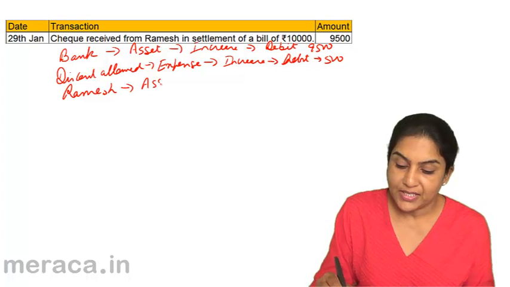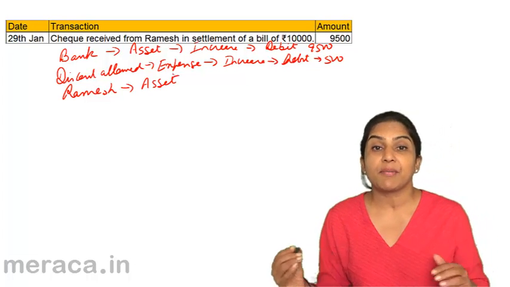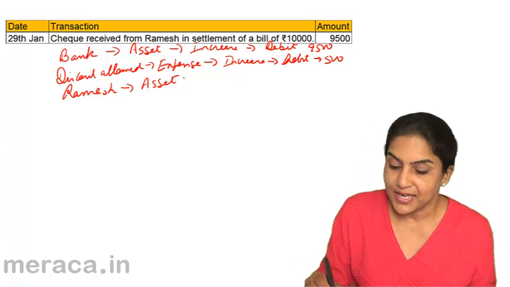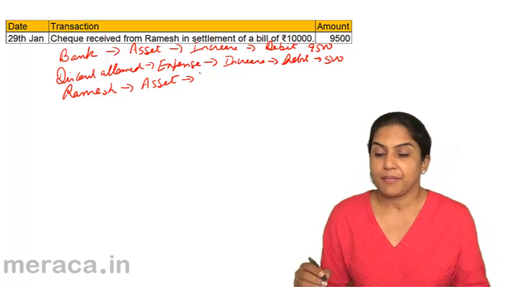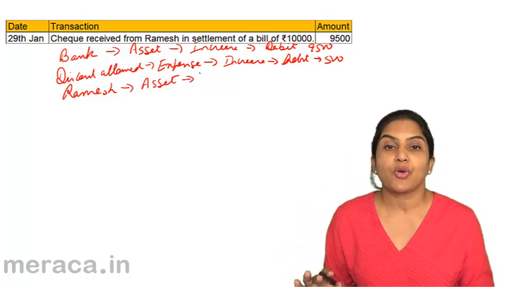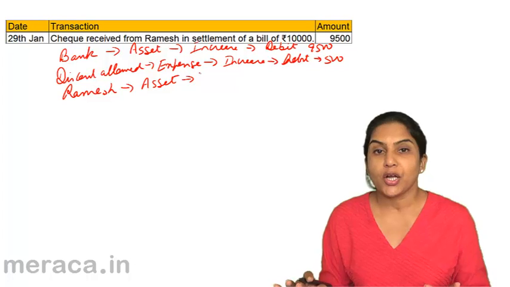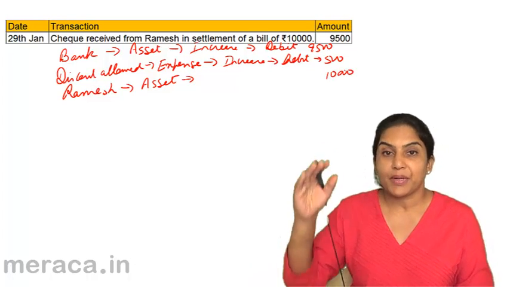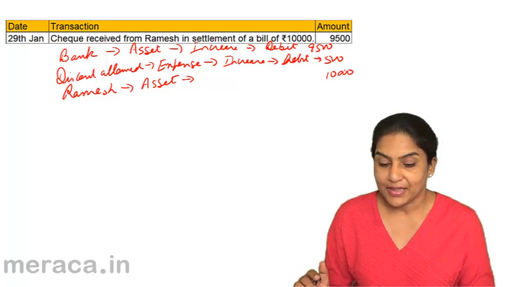Ramesh. What is Ramesh? Ramesh is also an asset because money was receivable from Ramesh. But because he is paying up the money, that receivable has now come down. Now he no longer owes us. His receivable has come down by 10,000.